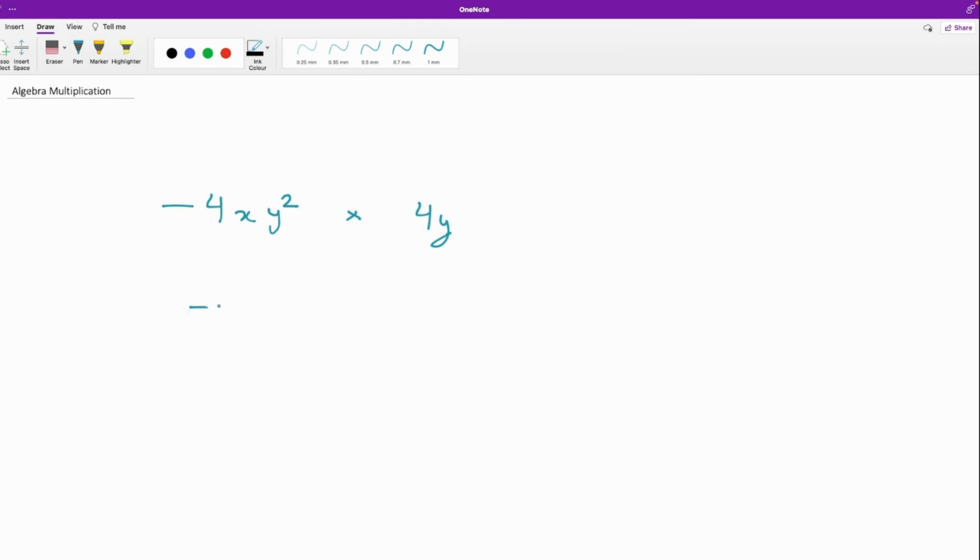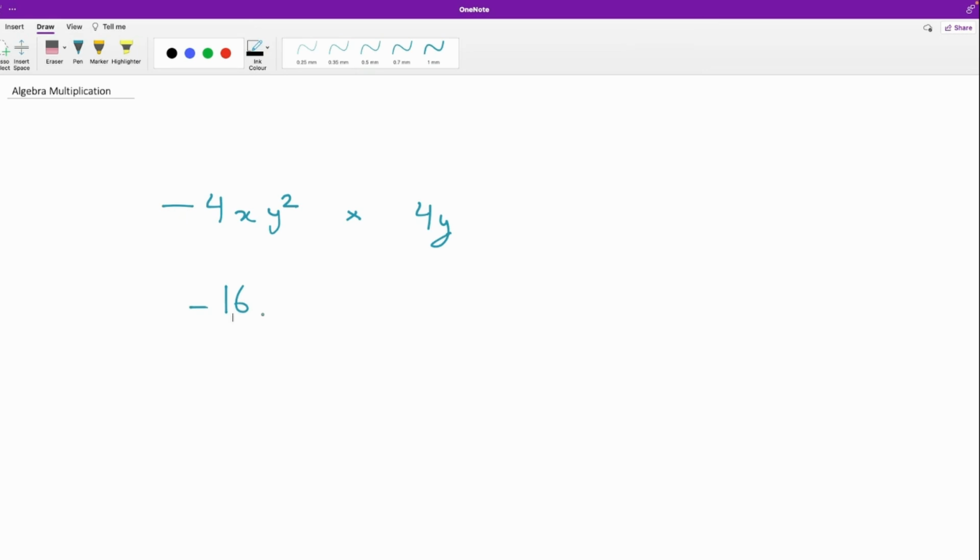The second step is to have a look at our numbers. 4 times 4, that gives us 16. The final step is to multiply our pronumerals together. So x, y squared multiplied by y. Essentially, the y squared is being multiplied by another y.